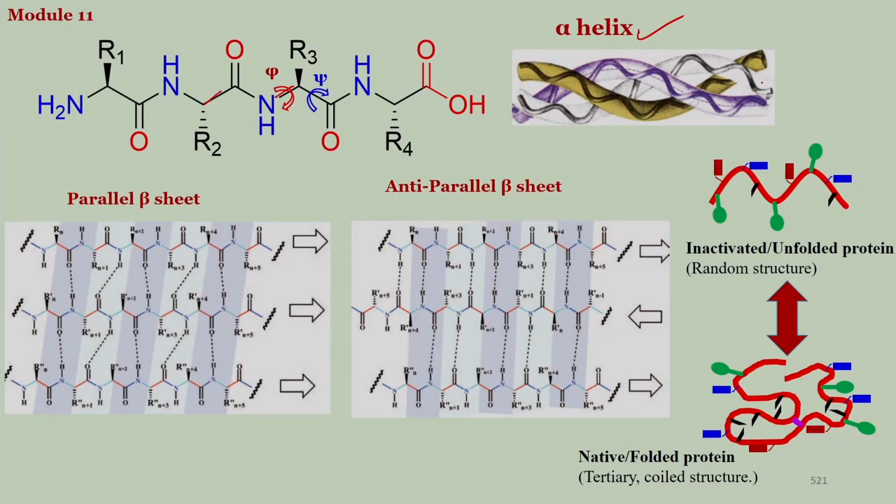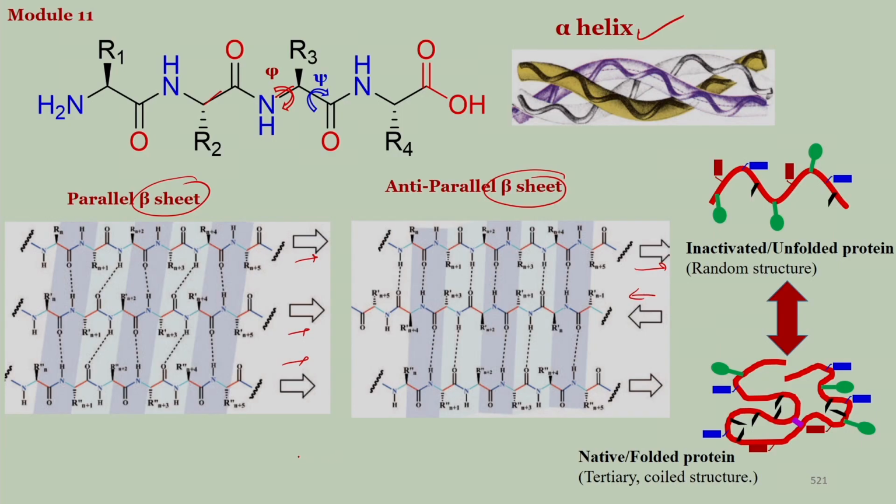And we have seen that it can assume 2 kinds of conformations. One is the helix structure, which is like this. This is a picture of the collagen. It can either be an alpha helix or it can assume a beta sheet conformation. So, that is a planar conformation. This plane can be of 2 types, one is parallel, another is anti-parallel as mentioned.